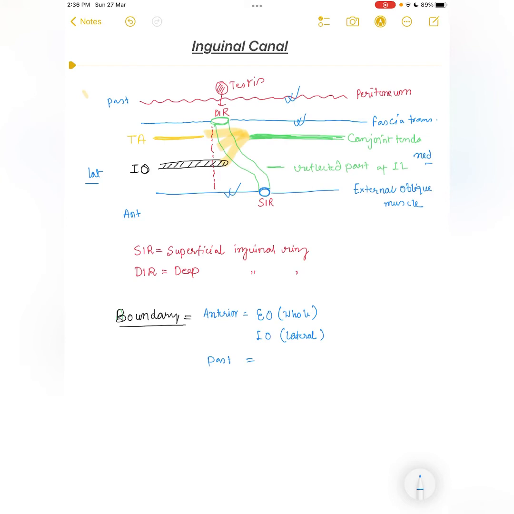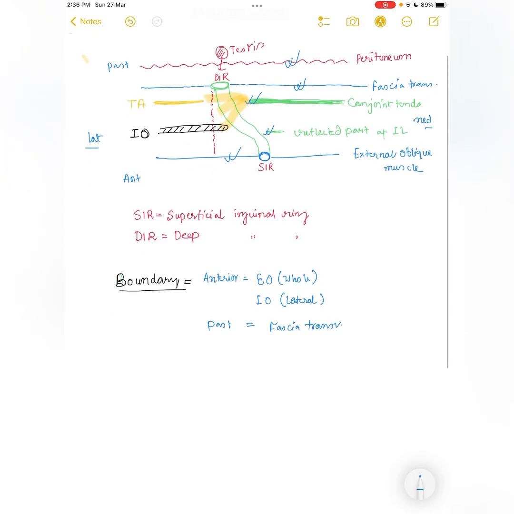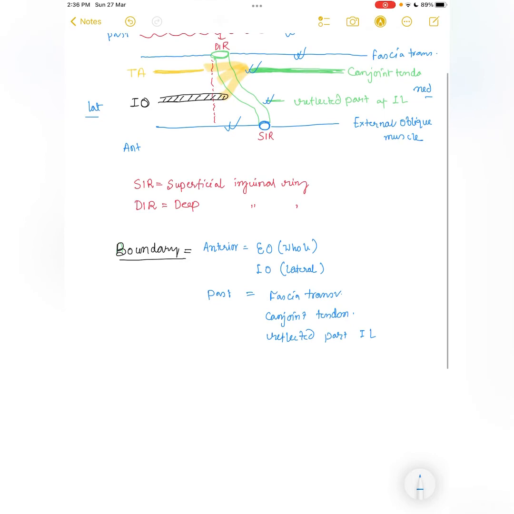So posteriorly it is the fascia transversalis, and obviously the conjoint tendon, and the reflected part of the inguinal ligament. And you can see the roof.